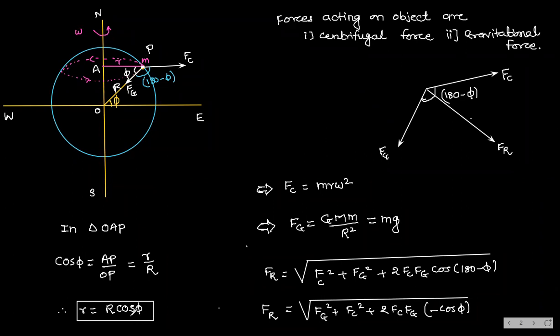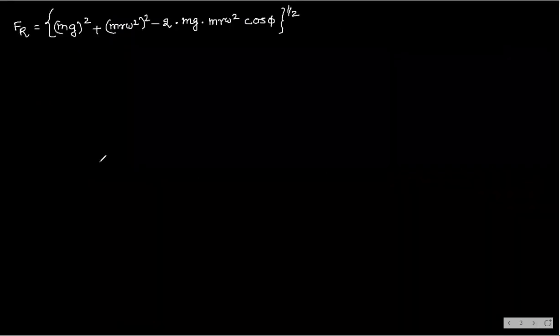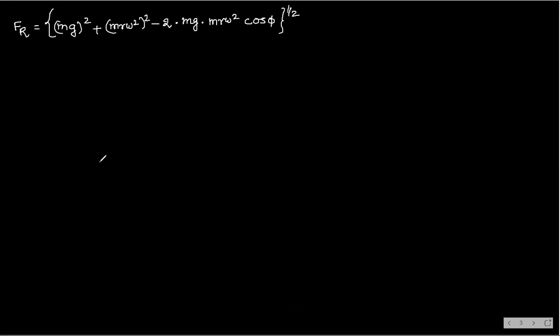So see what I'm doing now. (mg) whole square plus (m into capital R cos phi omega square) whole square minus 2.